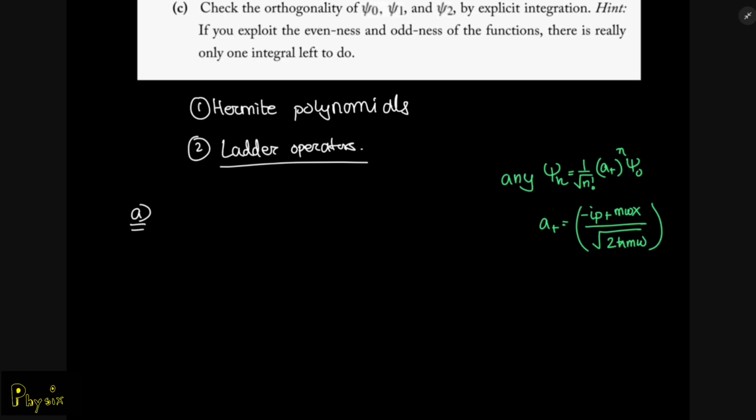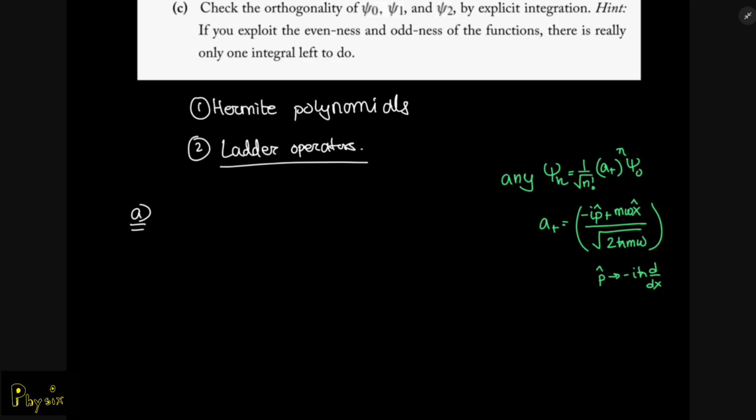It is very important to recall that your p and your x both are operators. Well, the x operator is basically x, but your p operator is basically negative i h bar, the first derivative with respect to x.